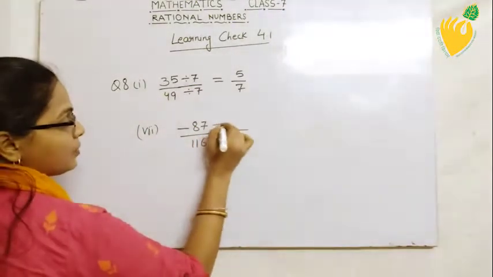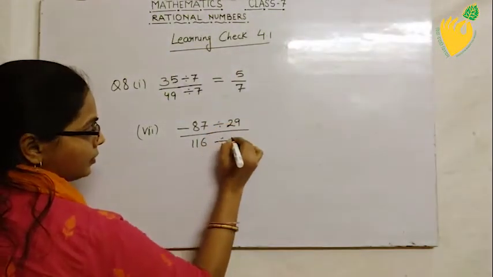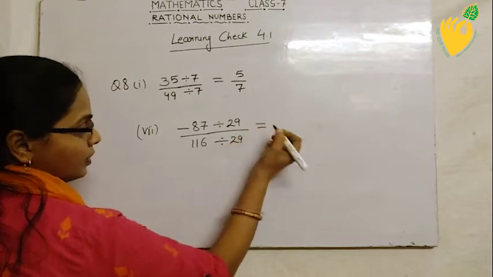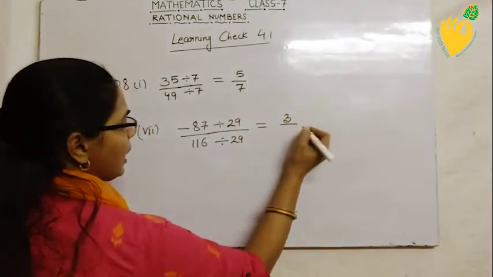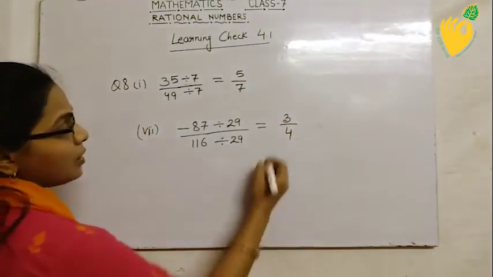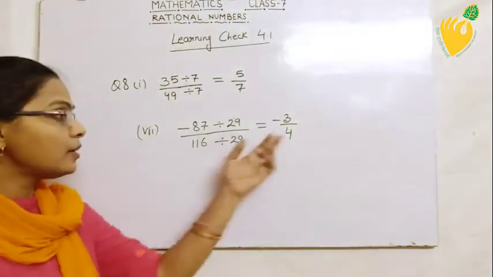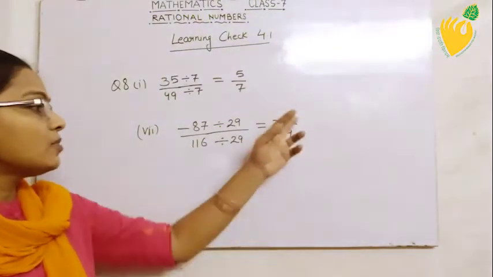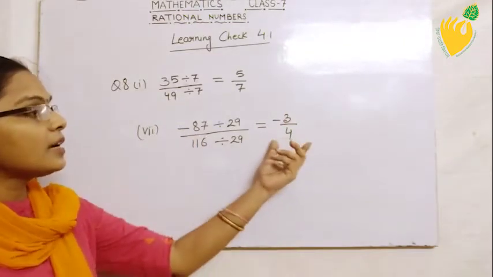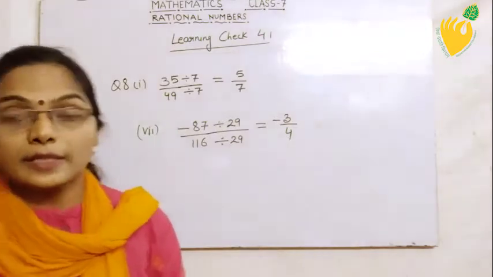These two numbers are commonly divisible by, students, 29. 29 threes are 87 and 29 fours are 116. And a negative sign will also be there. So can we divide these two numbers, 3 and 4, further by a common number? No. So minus 3 upon 4 is the standard form, or you can say simplest form, of minus 87 upon 116.